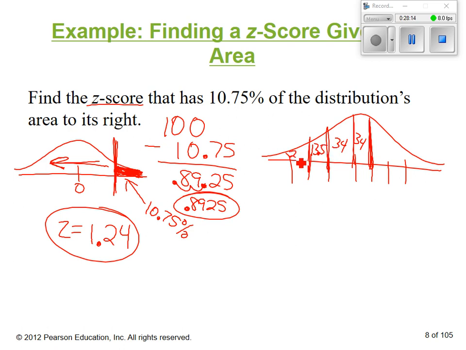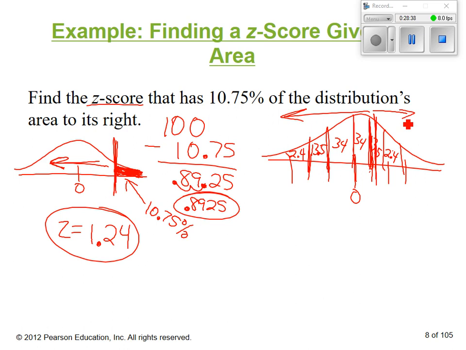This part's about 2.4. And this is 0 here. We're saying it's just past 1, so we're out about here. Does it make sense that 90% is that way and about 10% is that way? Yeah.